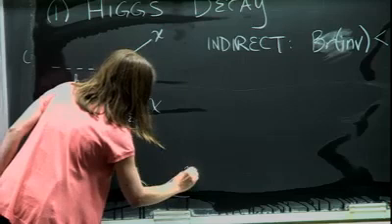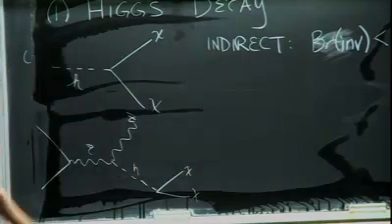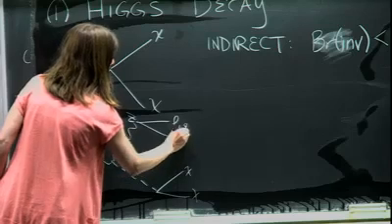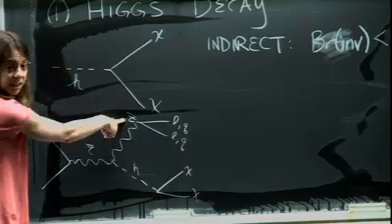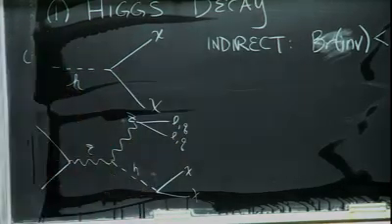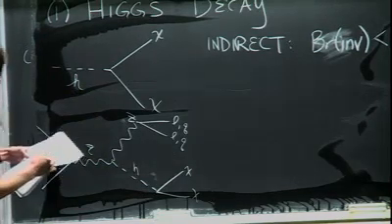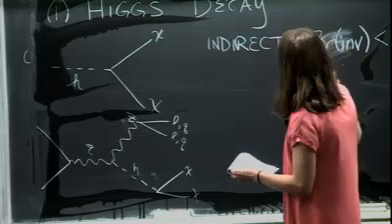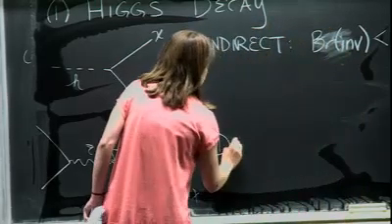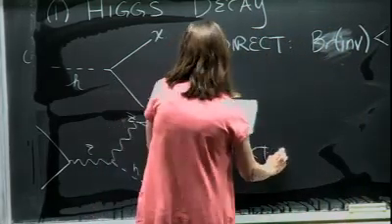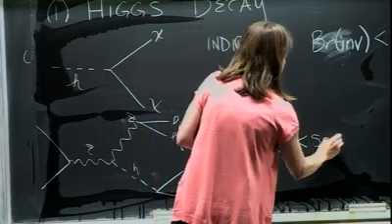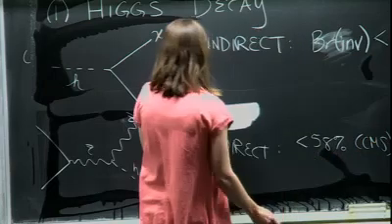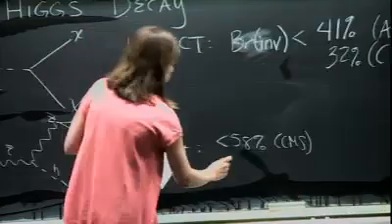Here it would decay invisibly to the dark matter, and then the Z would decay to leptons or quarks. You would identify this, and then look to see if there was any other missing energy in the event. The limits from searches like this are very similar to what's already been found. Less than 58% is the CMS limit, and the ATLAS limit is actually quite good, less than 29%.